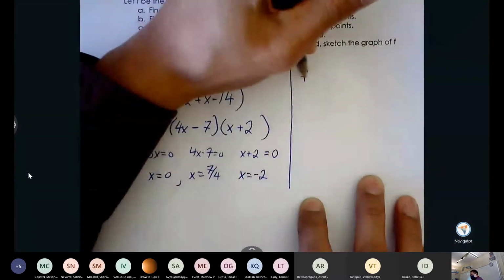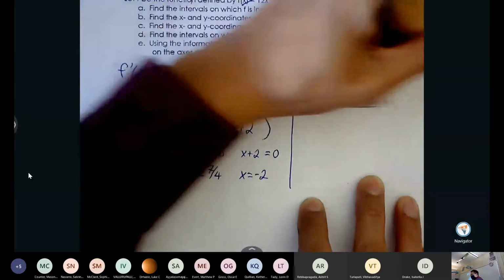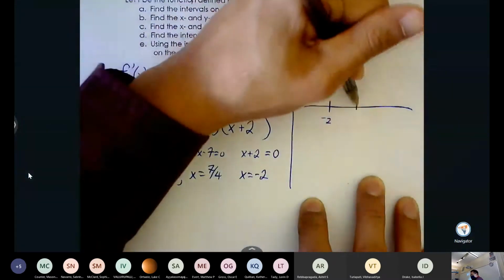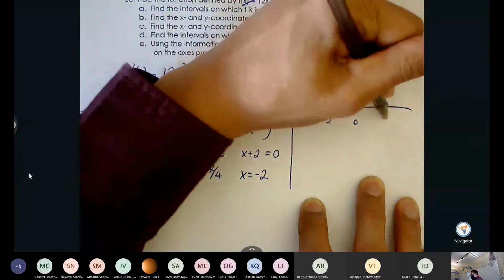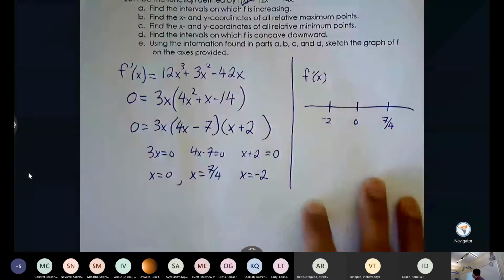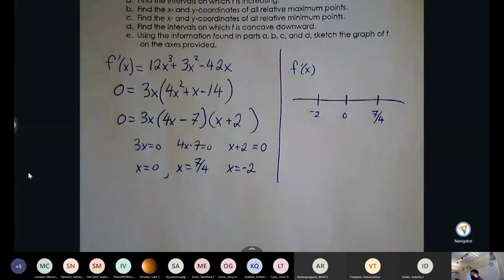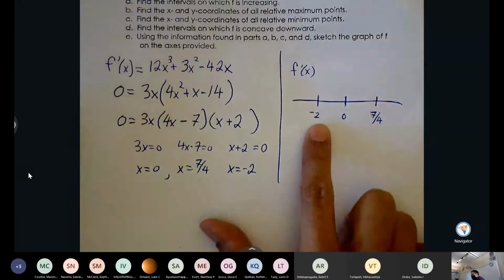Those are my critical points. Now we can choose some test points.